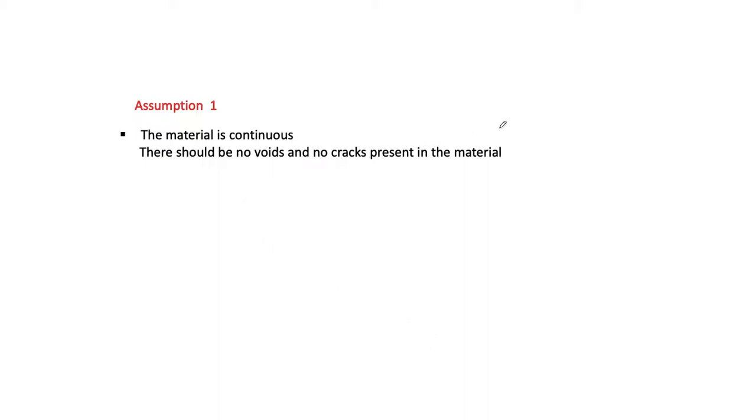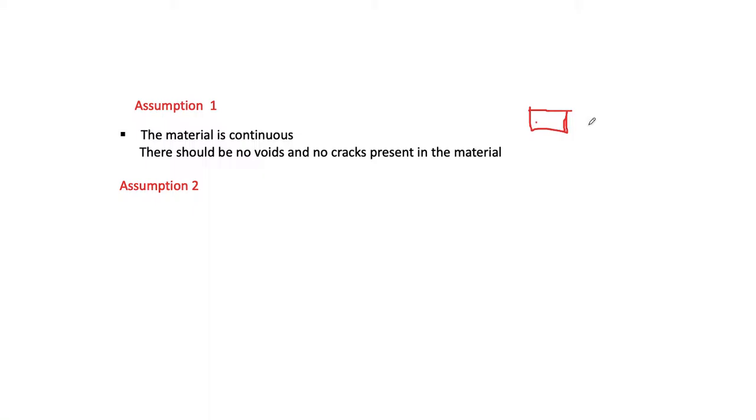Taking a small example, a hook or any column, any example of iron, the material is continuous, not having any voids, holes or cracks in it.